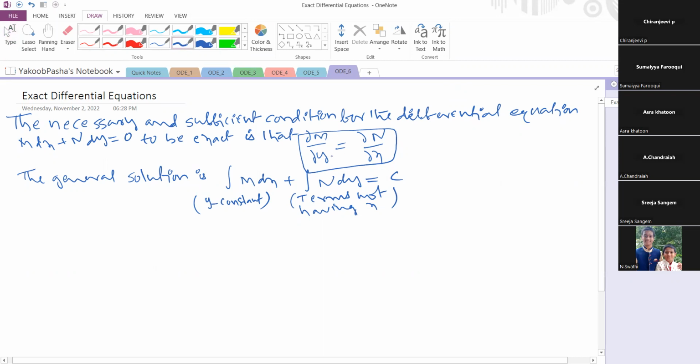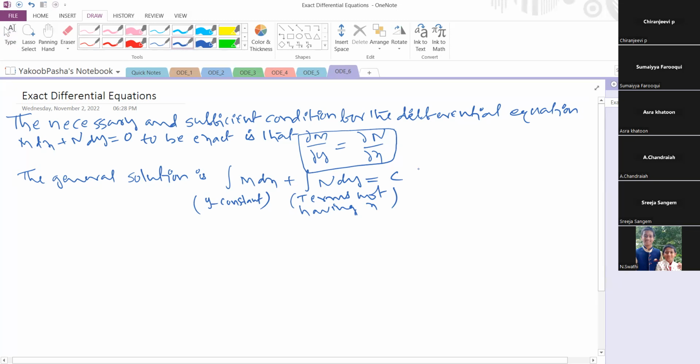We have to find ∂M/∂y and ∂N/∂x separately, and if they are equal, then we say that the differential equation M dx plus N dy is exact. For the exact differential equation, the general solution is just to integrate the given differential equation: integral M dx plus integral N dy is equal to c, where c is the constant.